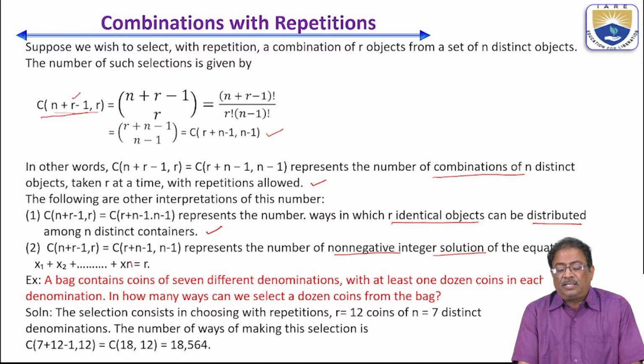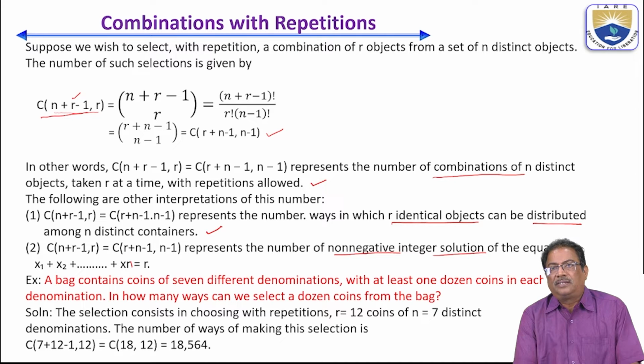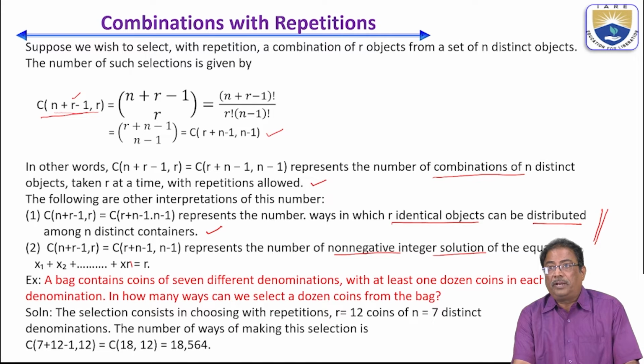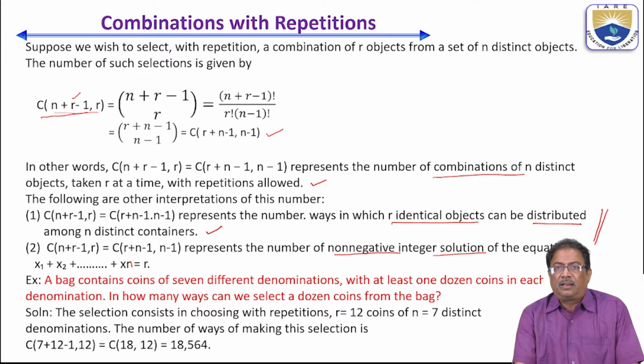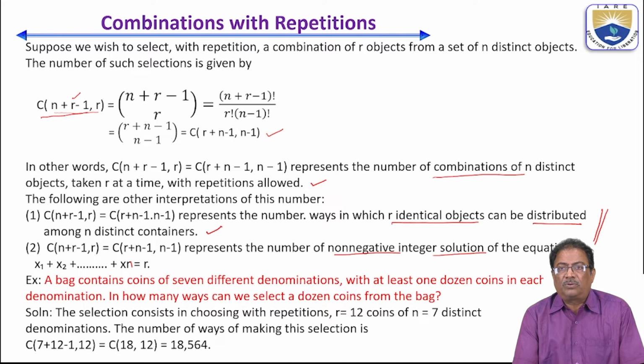So C(n+R-1, R) can be represented in these different ways: R objects distributed among n distinct containers, the number of non-negative integer solutions of x1 + x2 + ... + xn = R, or the number of combinations of n distinct objects taken R at a time with repetitions allowed. Using this formula, we are going to solve some problems.